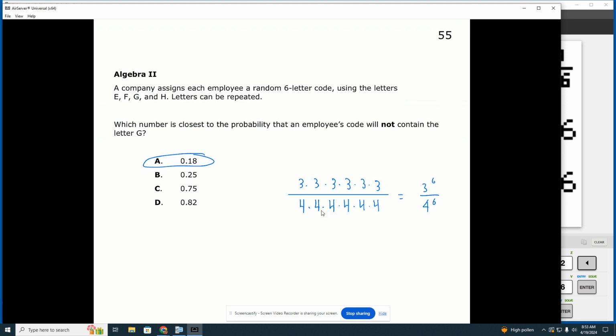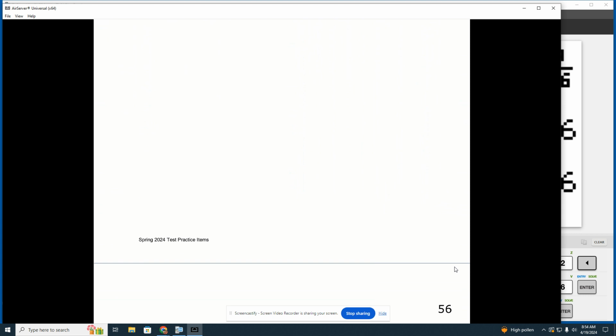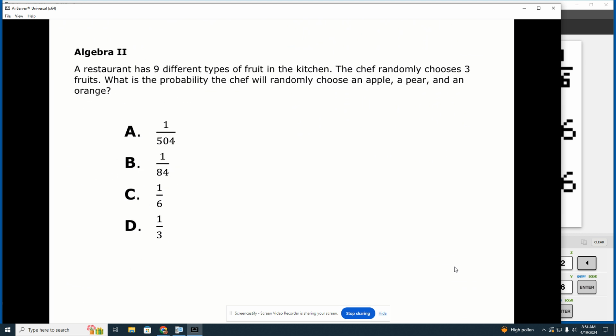The total outcomes on a problem like this would have been every digit of the 6-letter code, every one of these letters could have been either E, F, G, or H. But specifically in this question, if you didn't want to include the letter G, the favorable outcomes would have just been E, F, and H. So only 3 possibilities. So that's how we came up with that one. It's kind of tricky, maybe, but you can handle it.